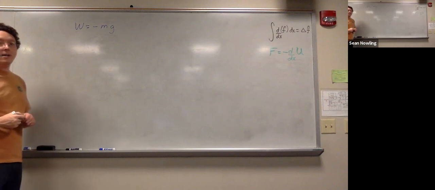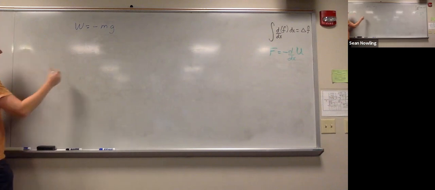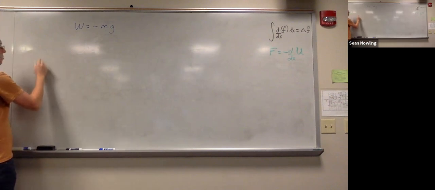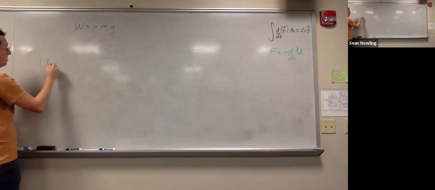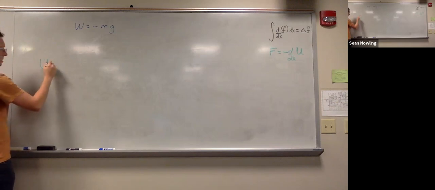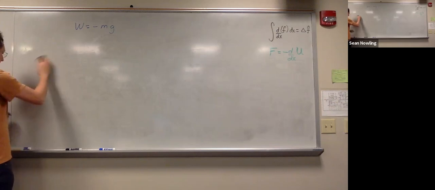So in fact, we can actually use that freedom to write a more general expression for potential energy and say that potential energy equals, I think I want to change from green. It doesn't seem to work very well.